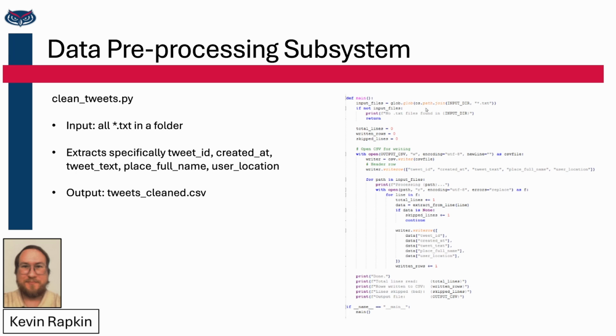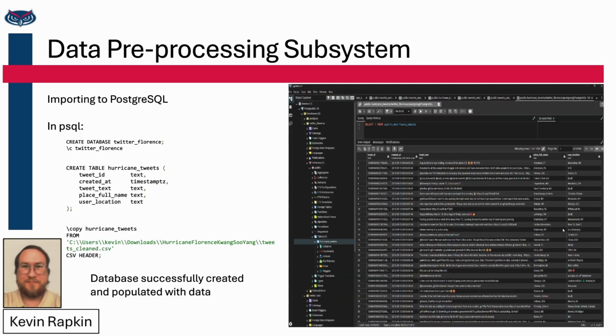You can see part of the code off to the right. After this runs, it outputs a cleaned tweets CSV with all of this data that was then imported into the Postgres database.